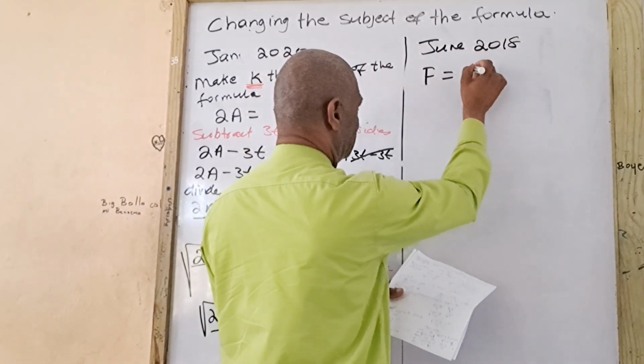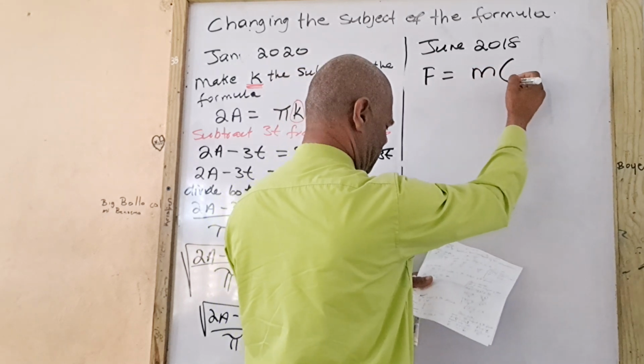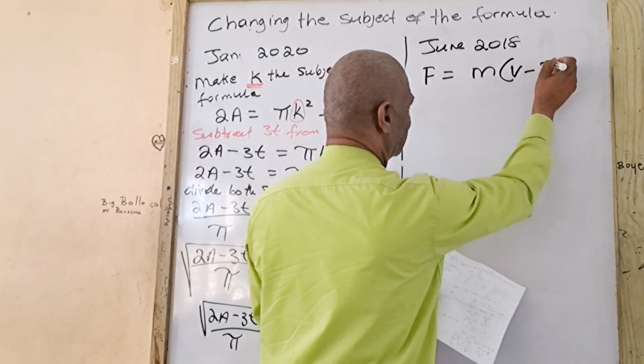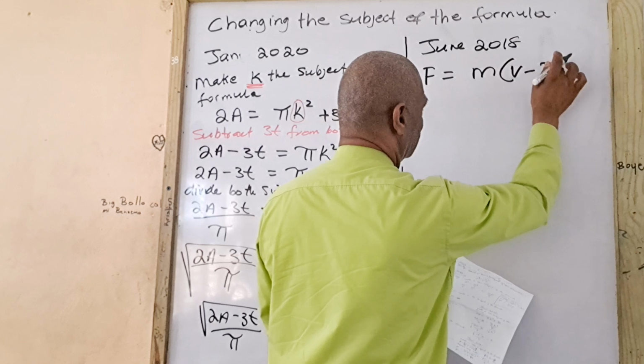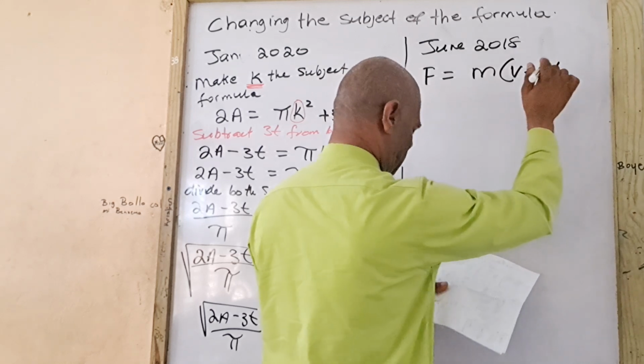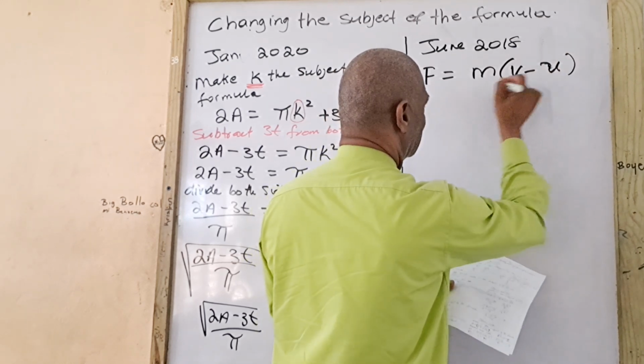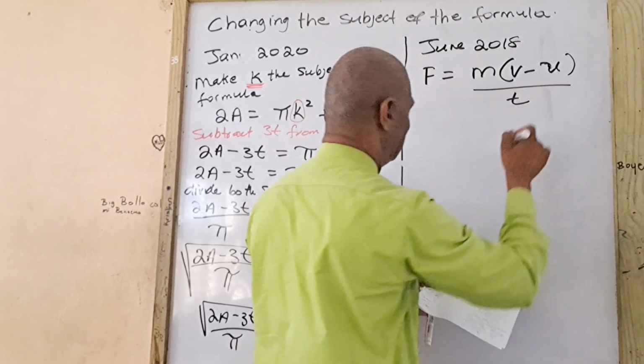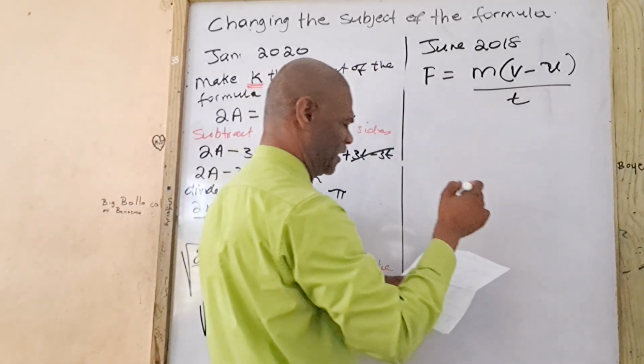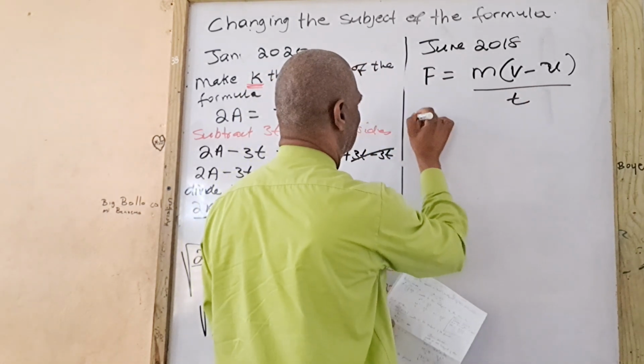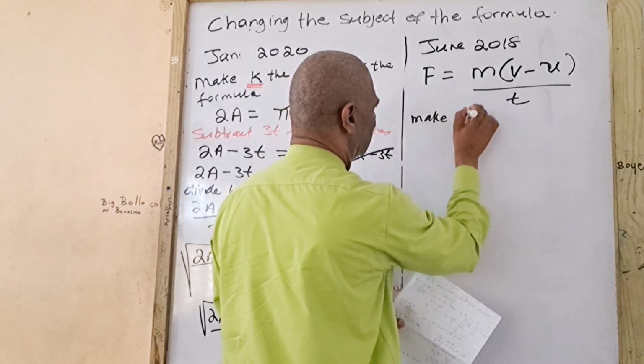F equals n times v minus u, all of that over t. And it says make v the subject of the formula.